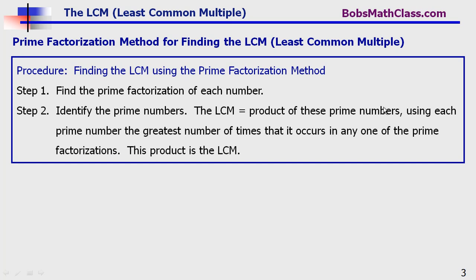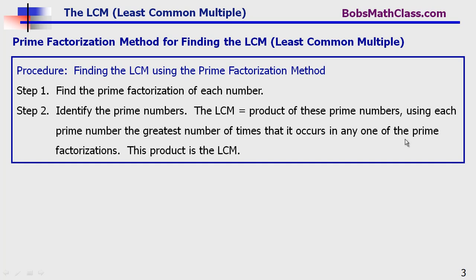Step 2. Identify the prime numbers. The LCM is equal to a product of these prime numbers, using each prime number the greatest number of times that it occurs in any one of the prime factorizations. That's a lot to take in. This product is the LCM.